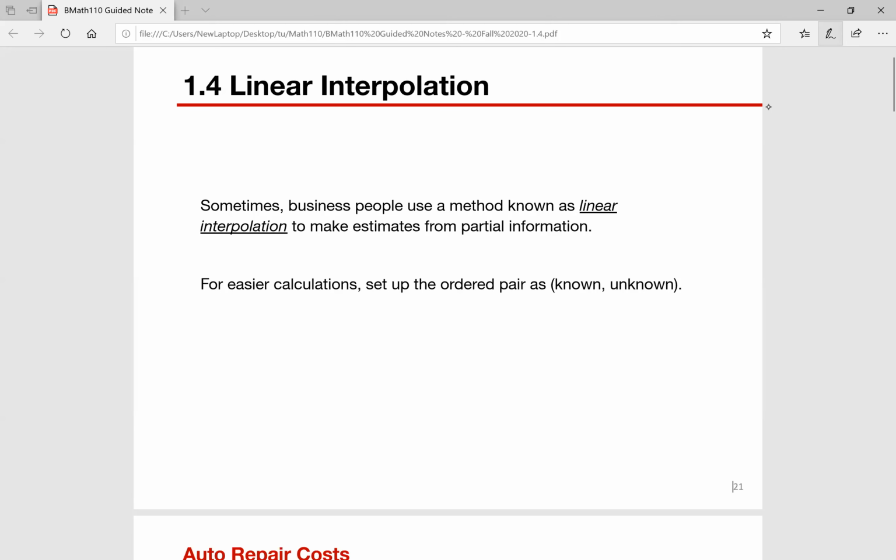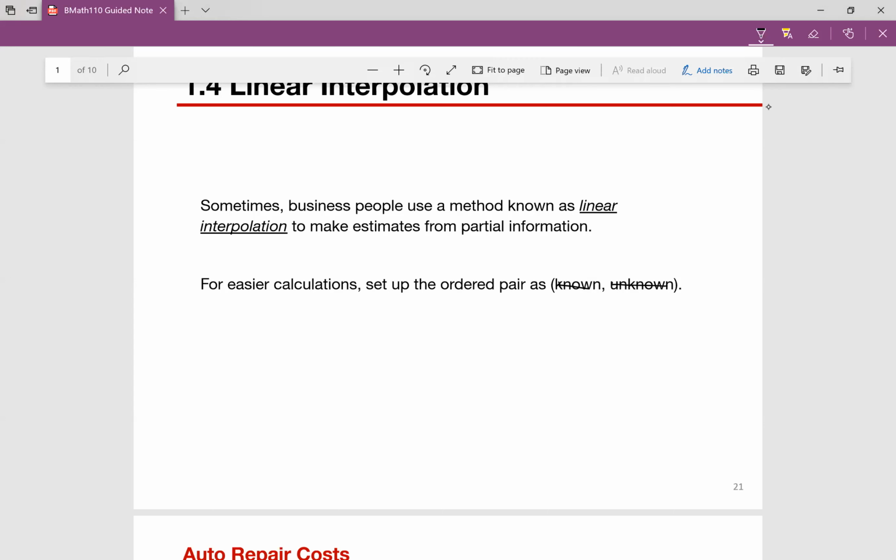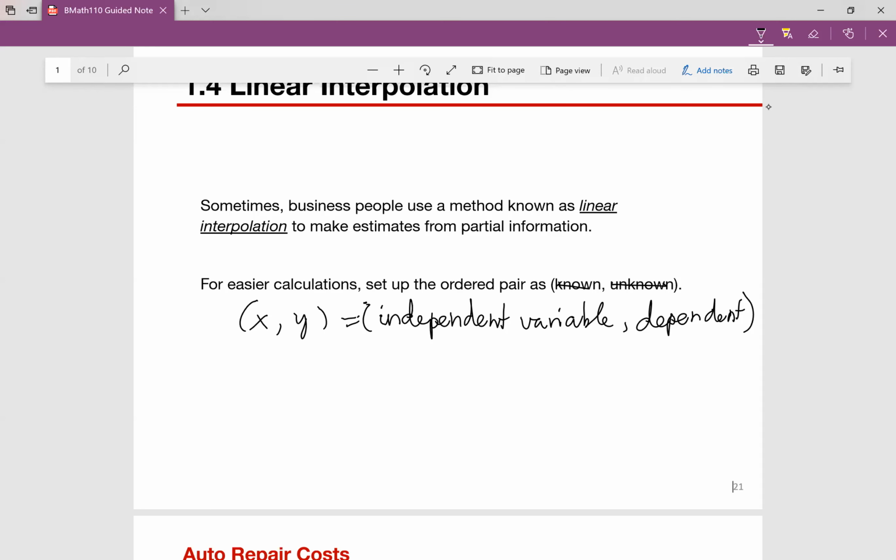I think they made a mistake and it should be ordered pair as x, y, or I'm gonna say independent variable and dependent variable. I'm gonna just finish the first.